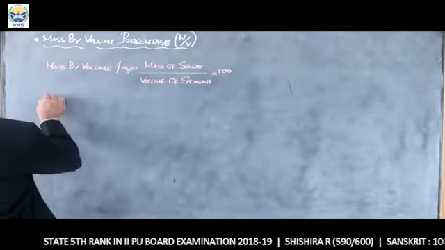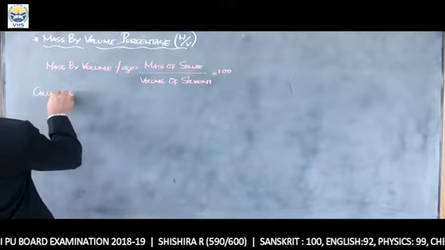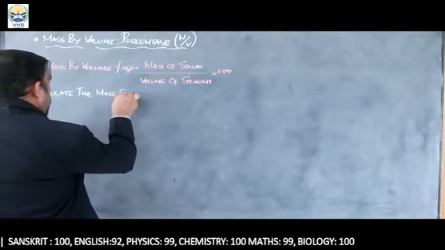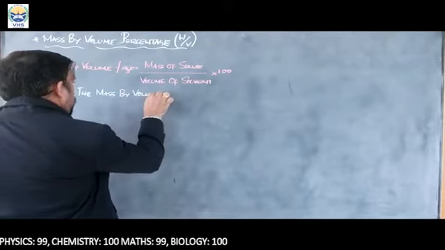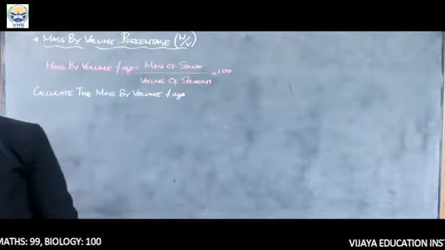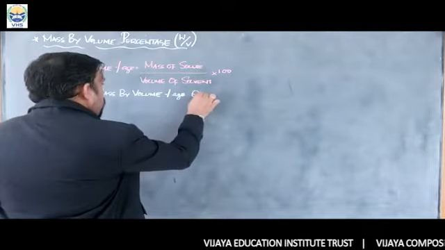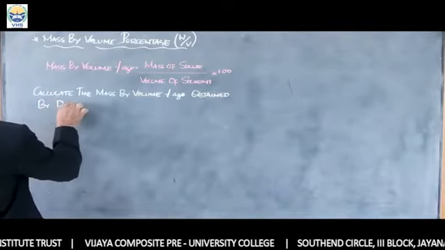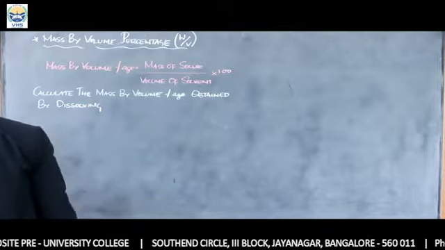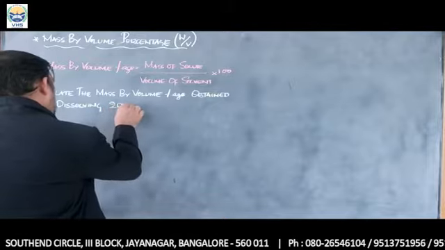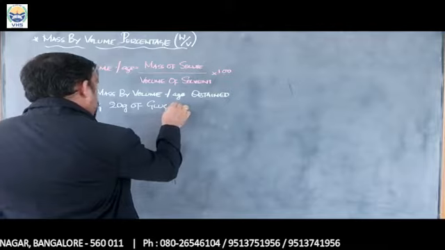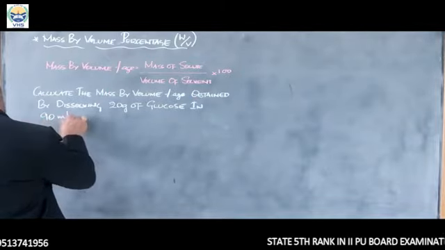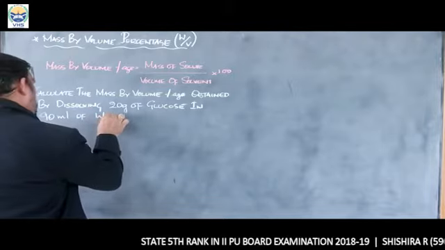So, calculate the mass by volume percentage obtained by dissolving 20 grams of glucose in 90 ml of water.